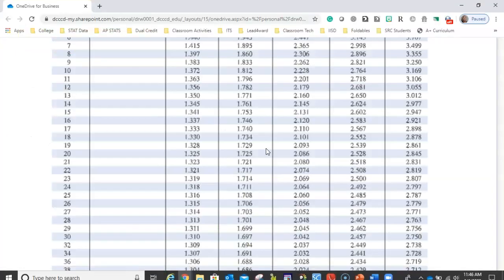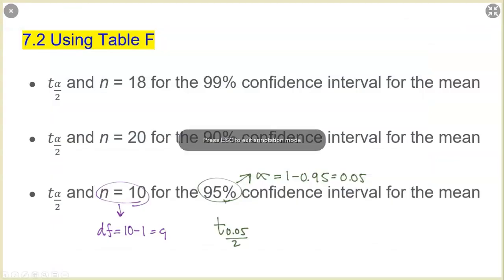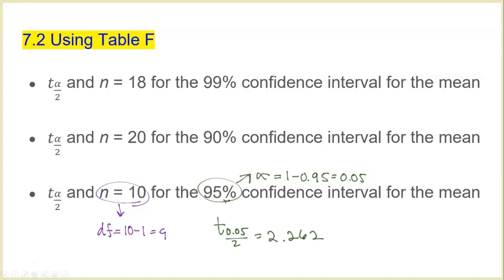If I go back to the table, I have 9 degrees of freedom, and I want to go over to 95. So 2.262, and that will be my critical value. So this is how we find a critical value, which represents the same critical value from section 1, just using a different distribution because we no longer know the standard deviation of the population.